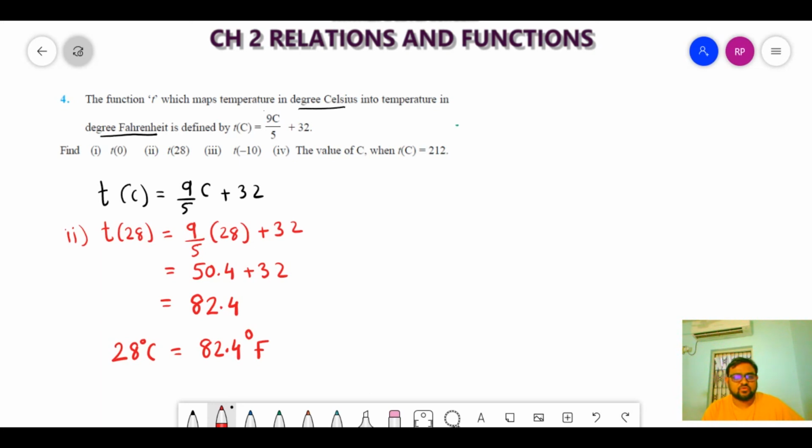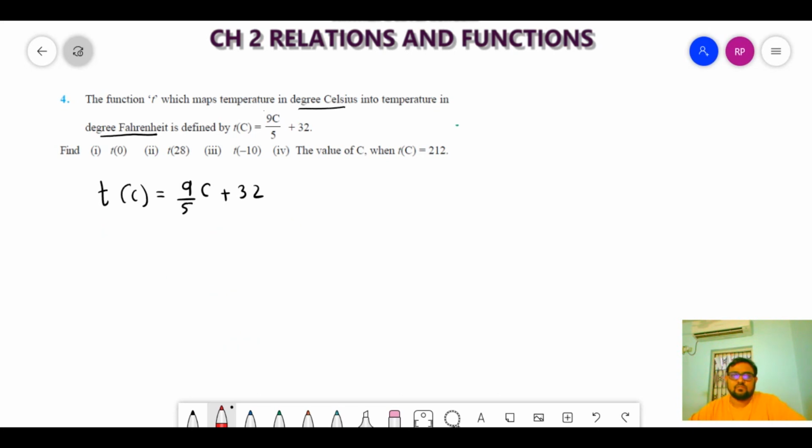Now let's move to the third one. The third question is T(-10). So 9 upon 5 instead of C, minus 10, plus 32. Okay, so 5 ones are 5, 5 twos are 10, so minus 2 is there.